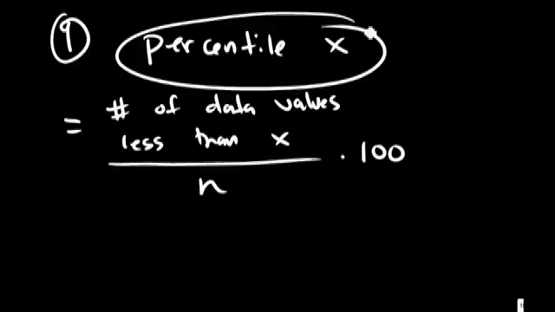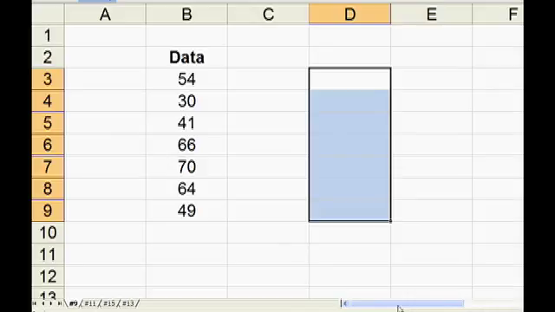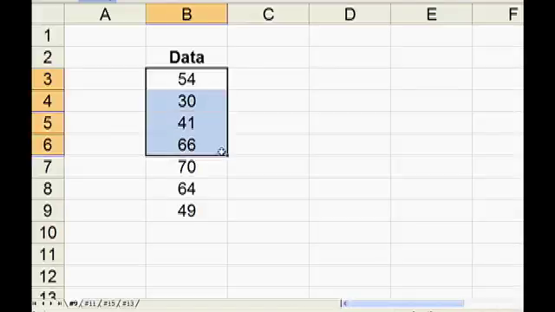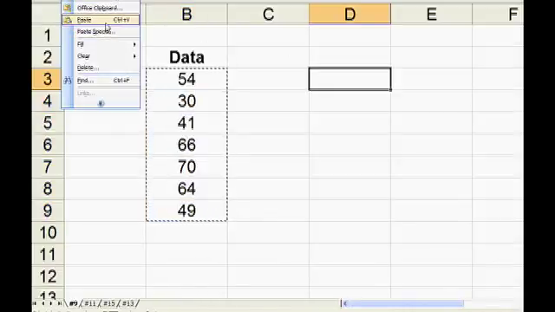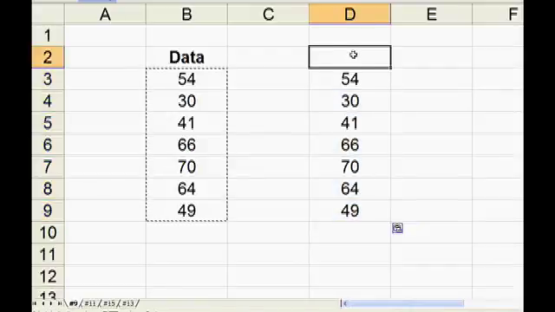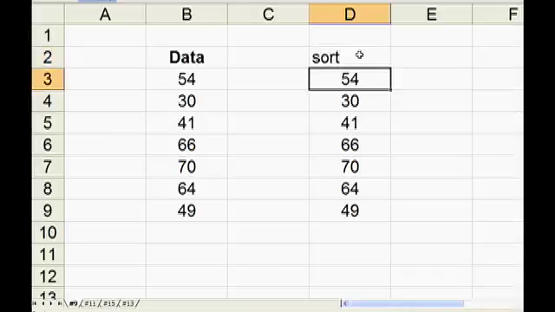Question 9. The percentile of a data value x is defined to be the number of data values that are less than x divided by n times 100. So if we look at our data set here, what we want to do is sort the data from smallest to largest.